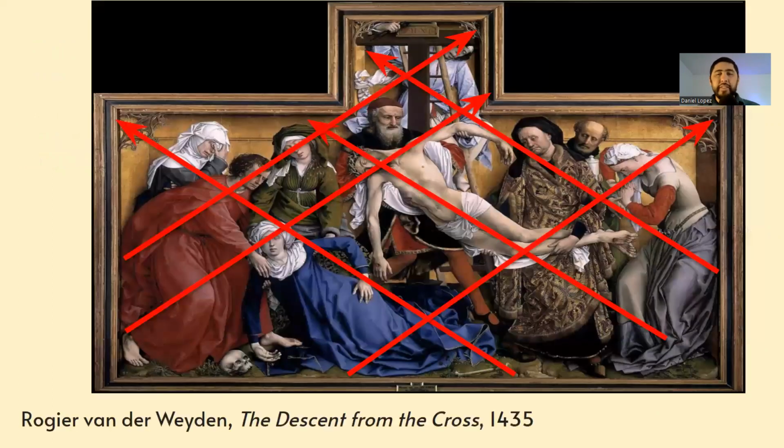What I mean by that is this. For example, Jesus is at a diagonal line, and so we have this implied line through this composition of movement like this. There's this person bending down, and the head and the head and the head here. All these in a row have this movement going that way.